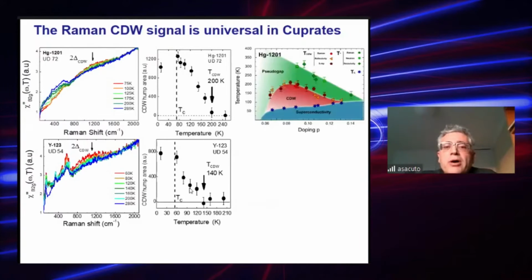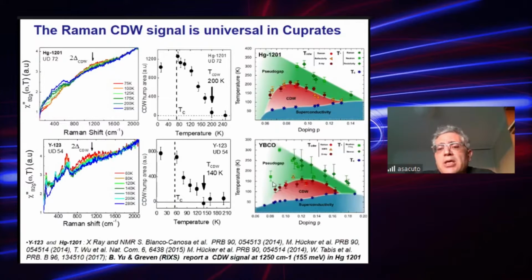Now, if we report our Raman data with the red spot on the phase diagram from the X-ray diffraction and NMR, we see that it fits pretty well with the transition temperature found by the other spectroscopic techniques. Here we have performed a measurement on YBCO at two different doping levels.